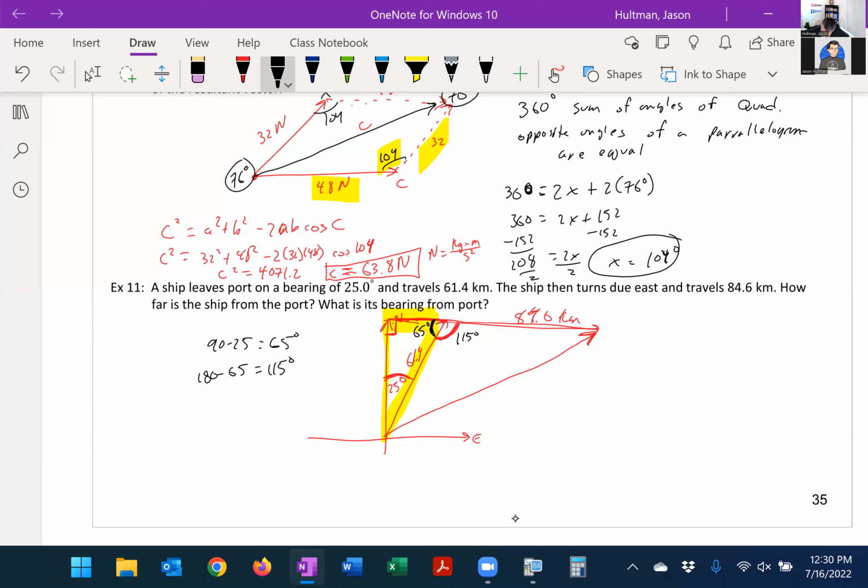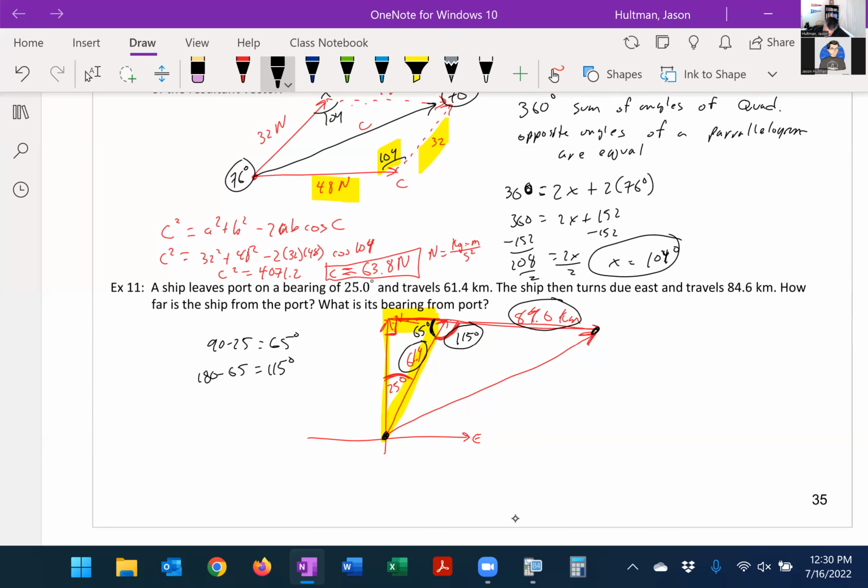So we have 61.4, 115 degrees, and 84.6. And so we can, again, use law of cosines to figure out what the length is from the beginning of the trip to the end of the trip.